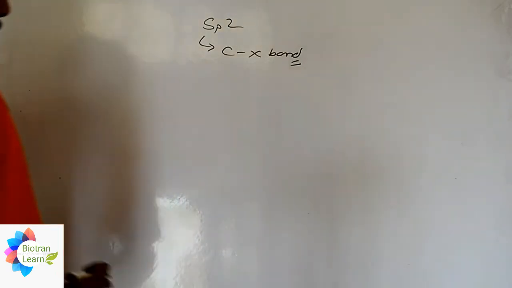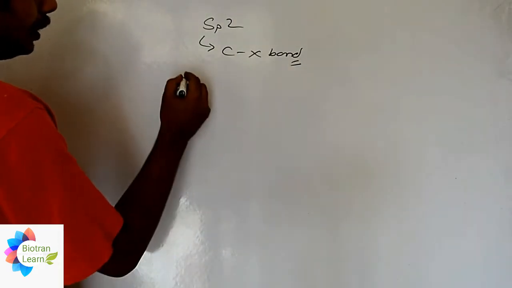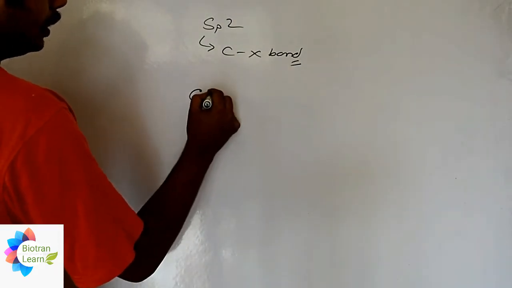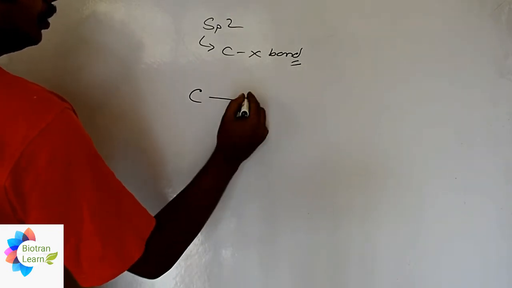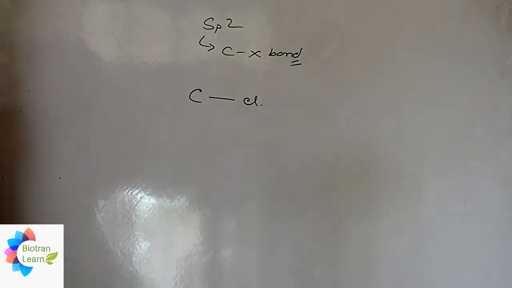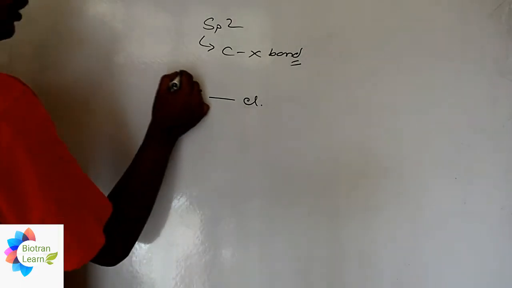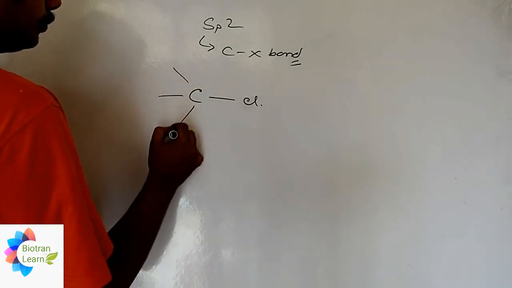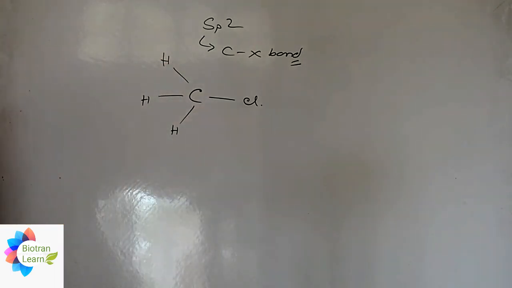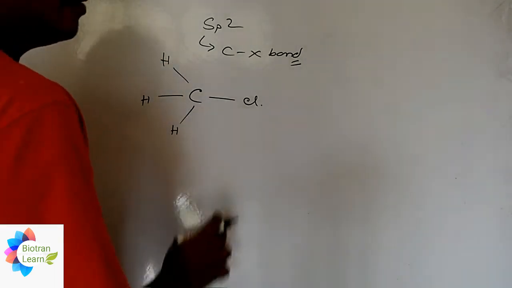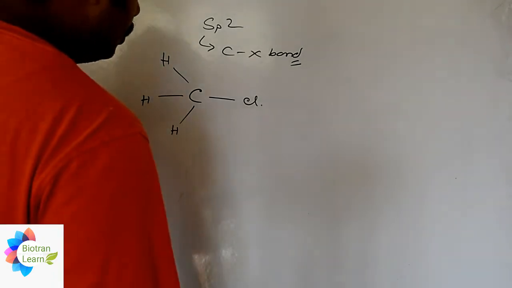In this section, suppose chlorine is given, then we have a particular structure, chloromethane in this case.